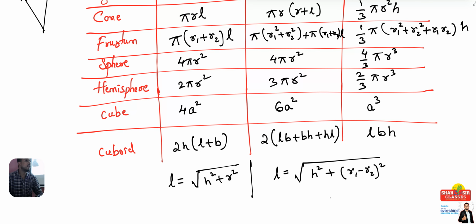See, R1 is bigger radius, R2 is smaller radius. In some of the textbooks, they will give capital R and small letter r. Capital R is the bigger radius, small letter r is the smaller radius. Instead of that, if you want, you can write R1, R2. R1 is bigger, R2 is smaller. In short. Any doubts? So this formula you need to remember.